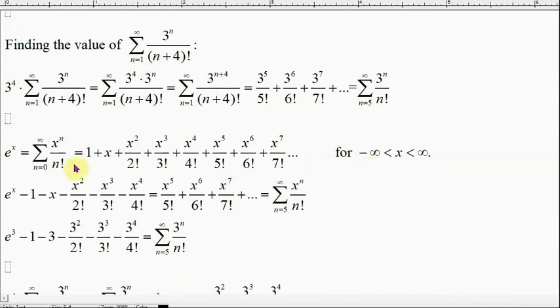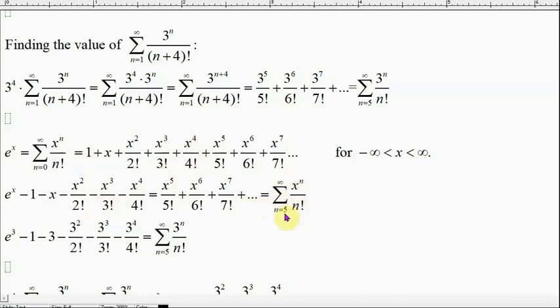Once again, e to the x is 1 plus x plus x squared over 2 factorial, and so on. Move these terms right here to the left side, and we get the summation with the expression x to the n over n factorial, and n starting at 5.